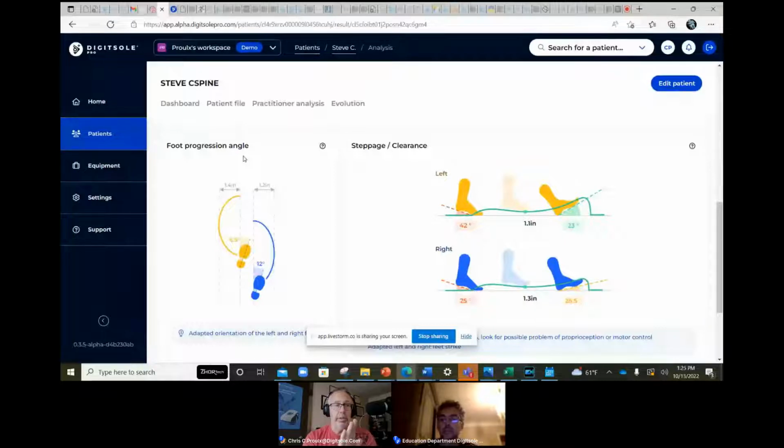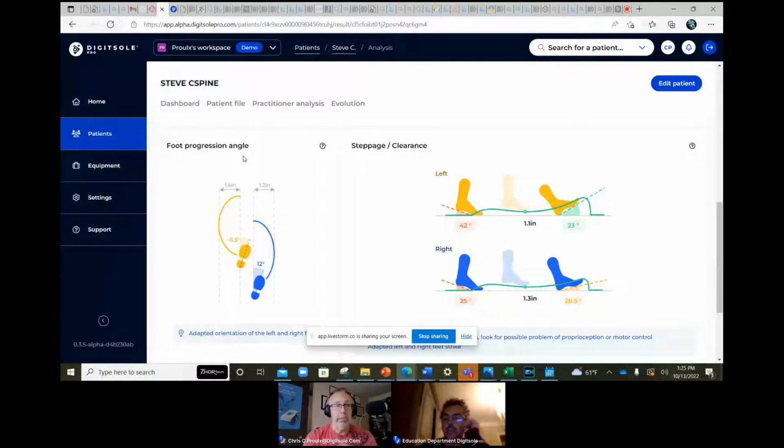Because our toes need to clear the ground. We also see circumduction. So all of those factors are associated with the foot being able to clear the ground, right? Because we don't want to go too high and we don't want to be too low because we could hit something and potentially trip over that.